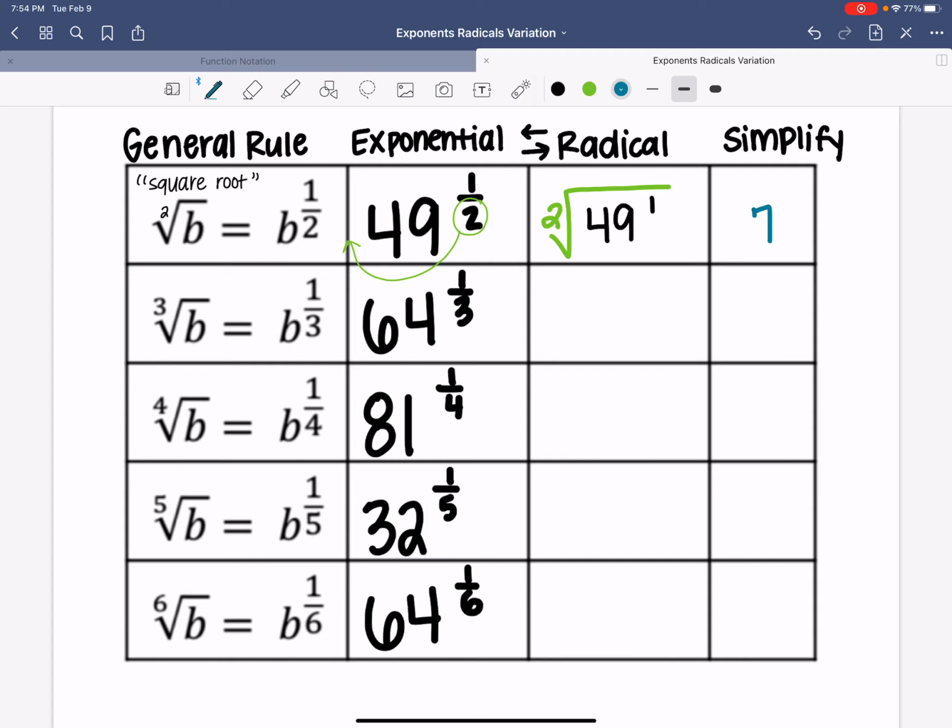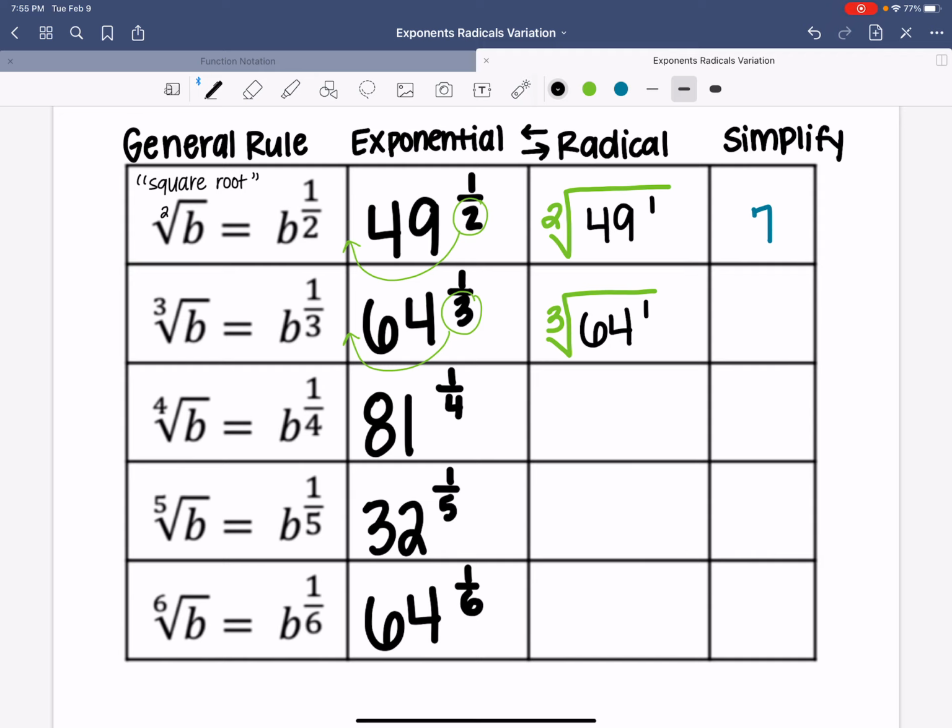Right, now with the next example, we have 64 to the power 1/3. So notice here that the 3 is going to come in front of the root symbol, just like we see in the general rule. So this is going to be the 3rd root of 64 to the 1st power.